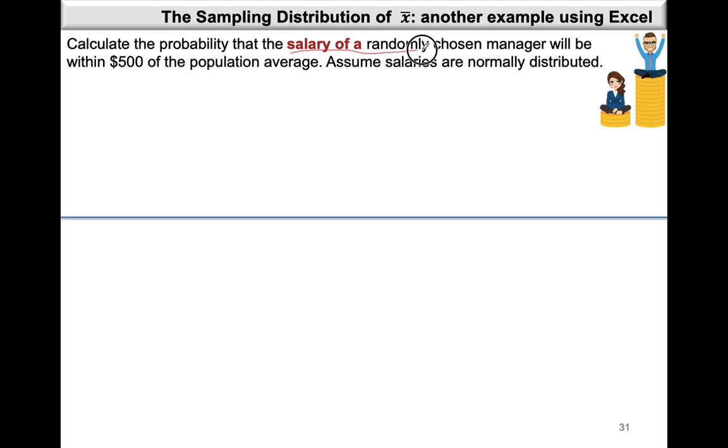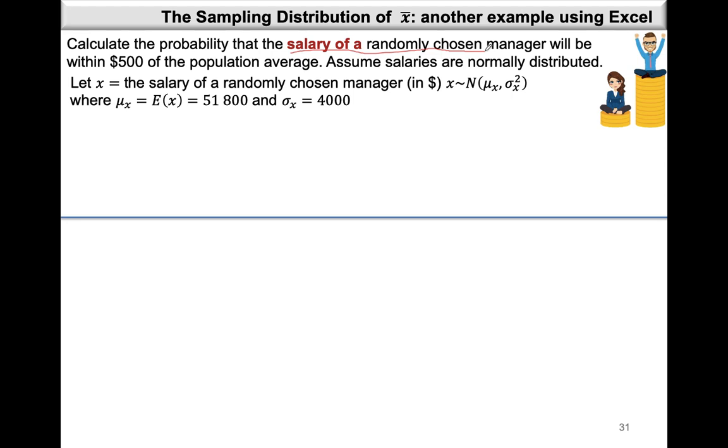So that implies that we're going to use the random variable X. So let's define X as the salary of a randomly chosen manager, and X has a normal distribution with a mean of 51,800 and a standard deviation of 4,000. So in this case, our probability statement will be the probability of X between 51,300 and 52,300, since we have $500 within the population average.